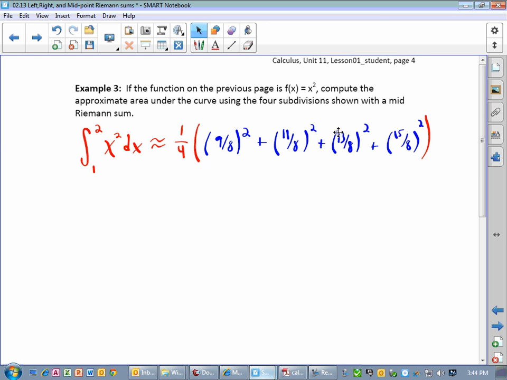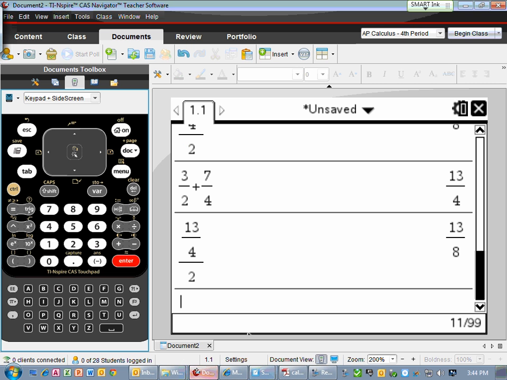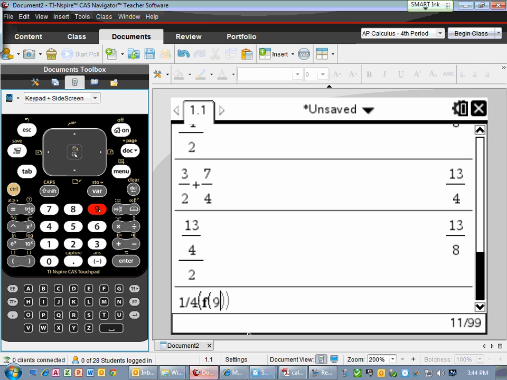And again, we don't have to actually do the square part because we still have f of x defined. If I didn't have it defined, I would define it. So we've got 1/4 times f of 9/8 plus f of 11/8 plus f of 13/8 plus f of 15/8.